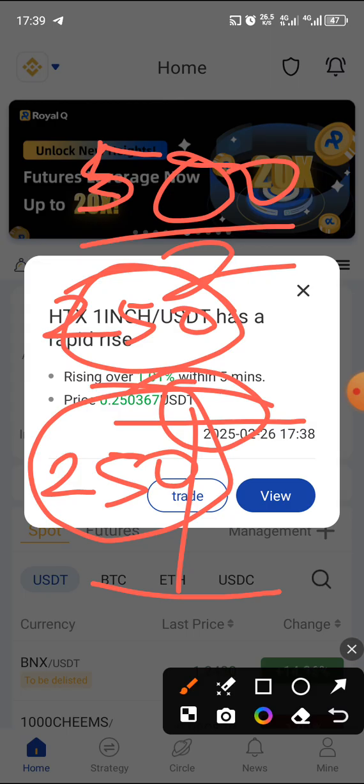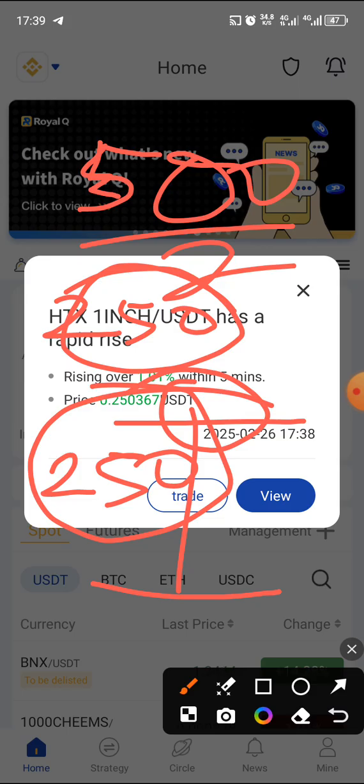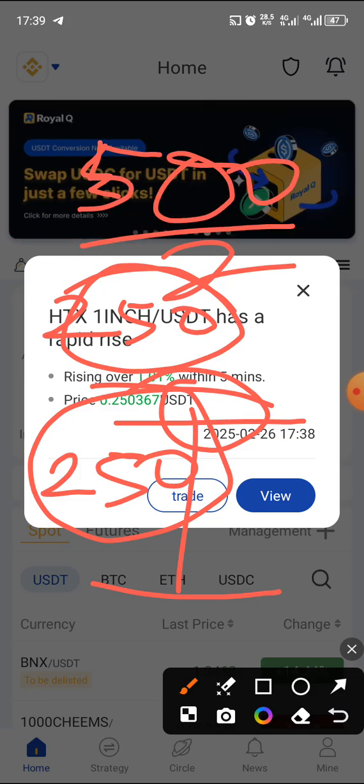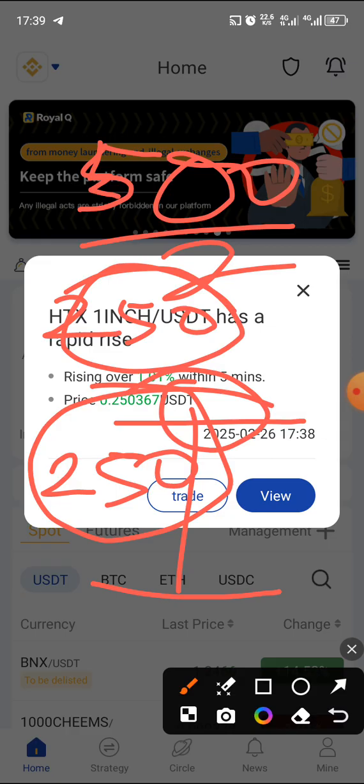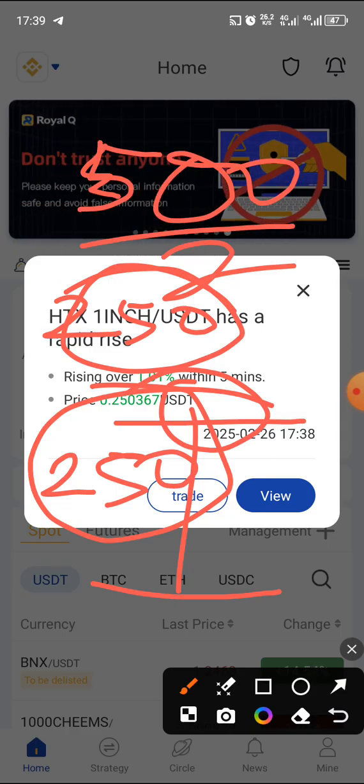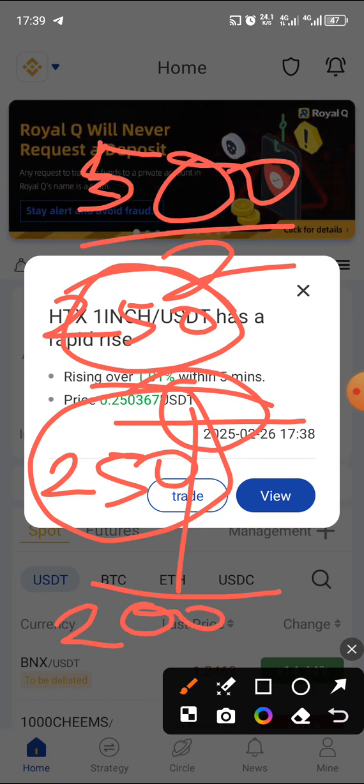Okay, I hope that is clear. And I would advise, if you want to use both of the strategies, at least have a minimum of $500. At least. Okay, the least minimum, let it be $400. You make it $200 in each strategy.